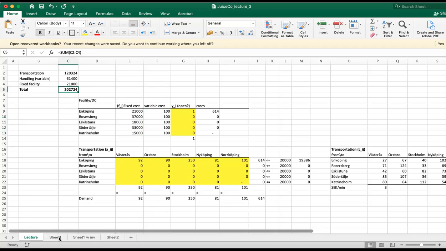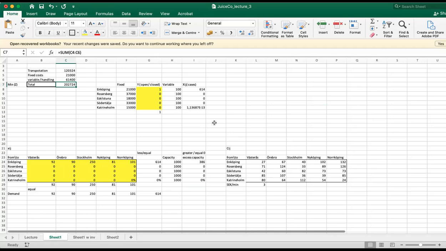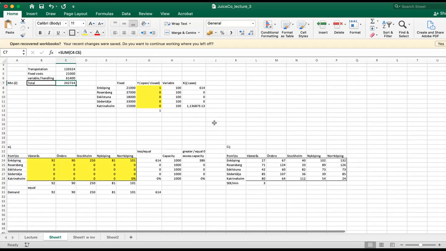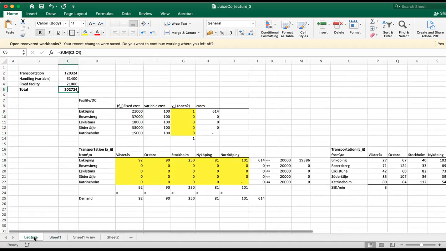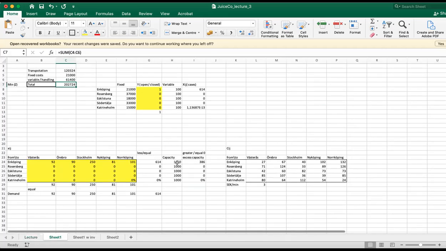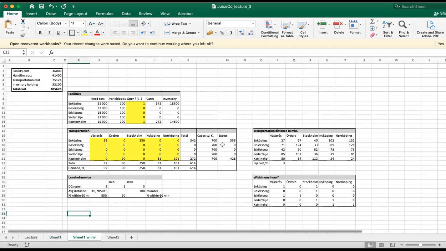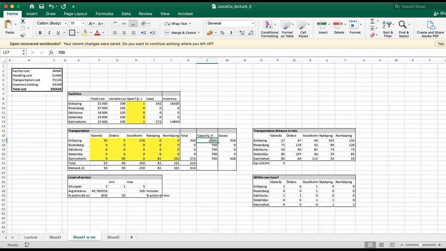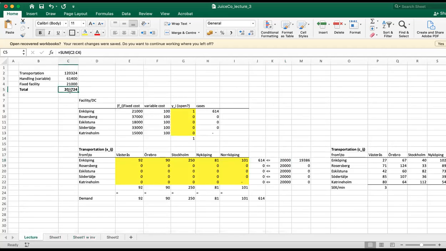Now the first observation that we have is that in the Excel, we have used 2000 capacity, and here in this example I have used 1000 capacity, and here also we used 700 capacity, and we have almost the same.